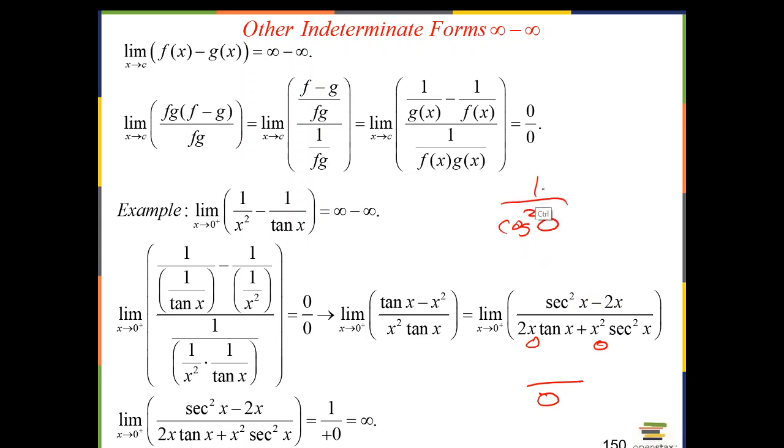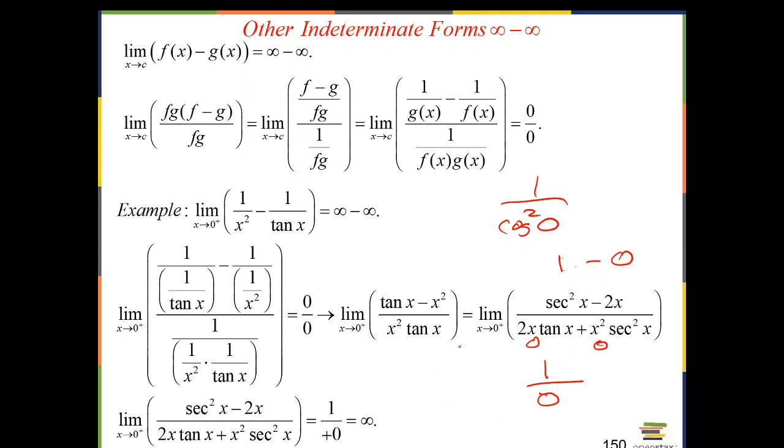Cosine is 1, so that's 1 over 1. So that's 1. 1 minus 0, so that's 1. So it's 1 over 0, and since you're approaching 0 from the right, this would be, of course, positive infinity.